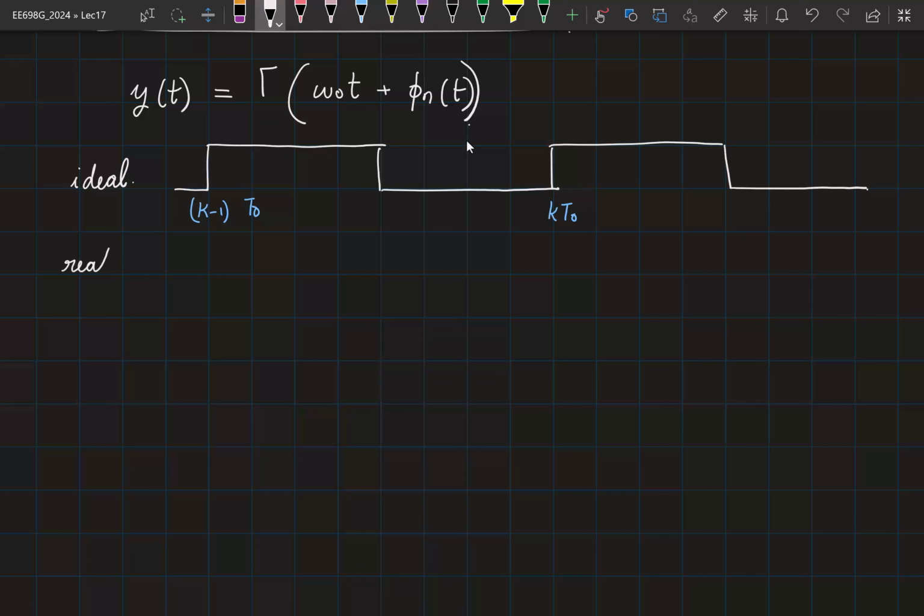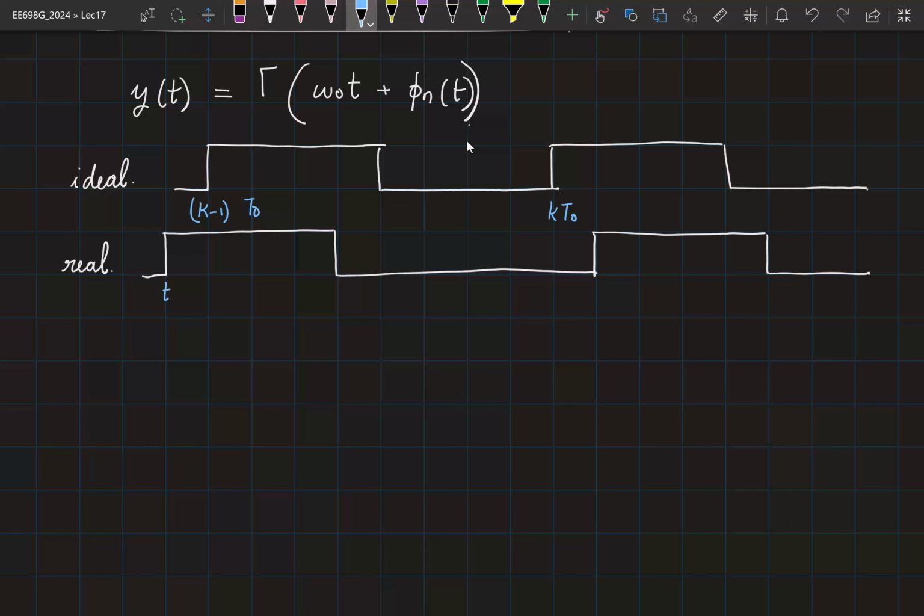Then we have a real clock which is noisy, which means the edges are now going to be shifted with respect to the ideal edges. So let's say the edges are occurring like this. This edge is occurring at some instant t k minus 1, and this is occurring at the instant tk.